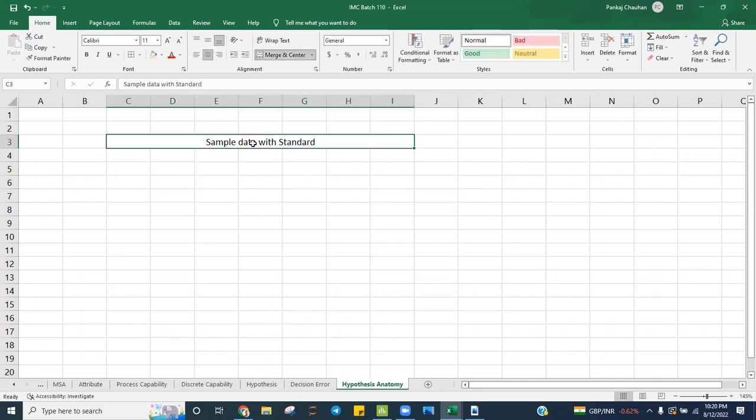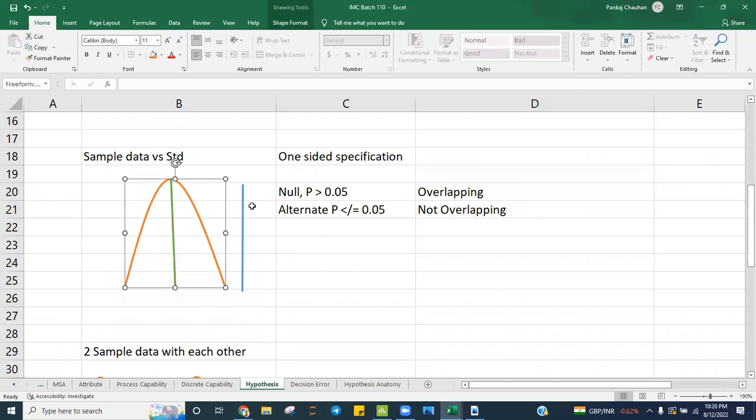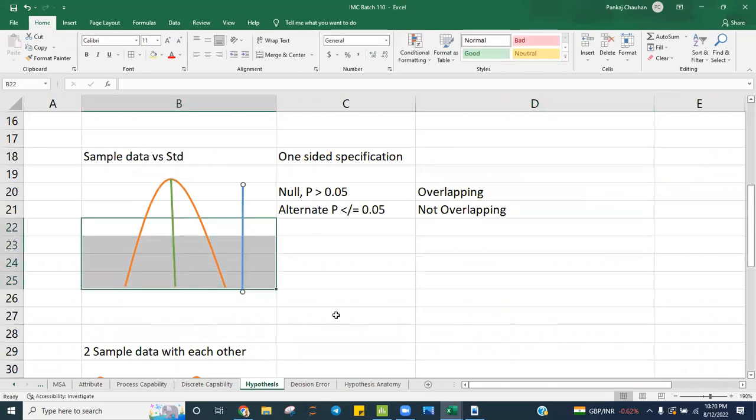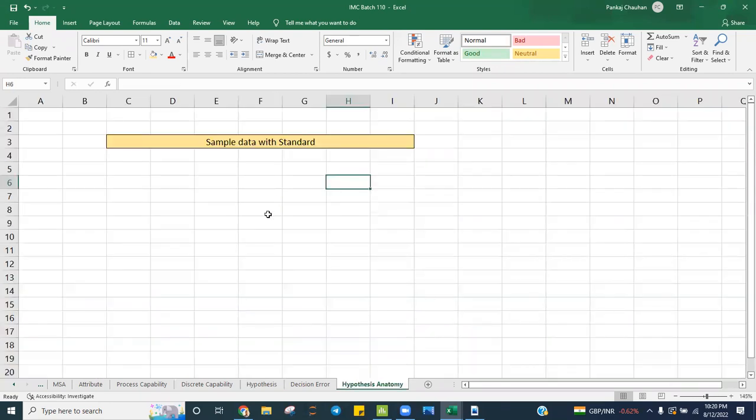Like your quality target is 98%, and you have collected the data of the quality. So what is the actual quality coming? Based on that confidence interval, you are comparing with your target quality, whether they are the same or different. That's what I'm talking about with one sample with the standard.